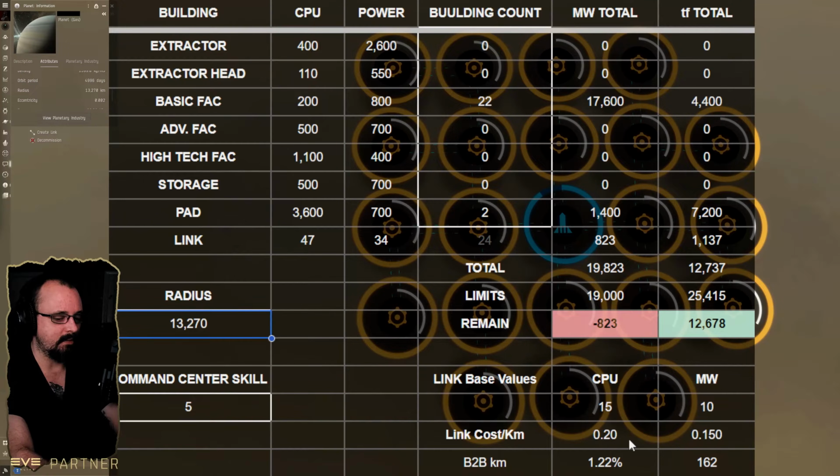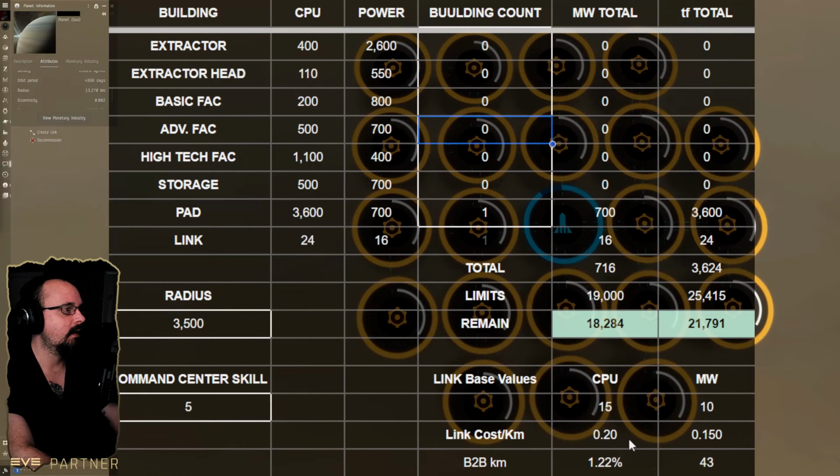So for instance, let's say we take this down to like 3,500, which is, I guess, an average barren planet radius. Then we can go 1 pad and we can go 22 here. But if you go 23, it's too much. 22 is basically the cap for basic factories. Or if you want to do advanced factories, you could do 24 or potentially even 25 if you're doing 1 pad.